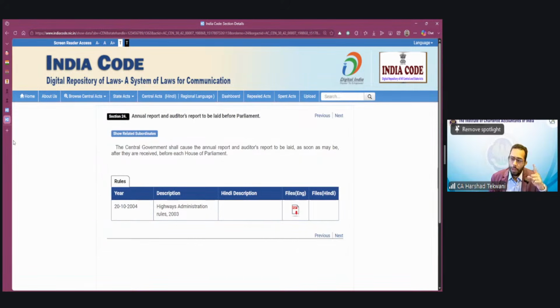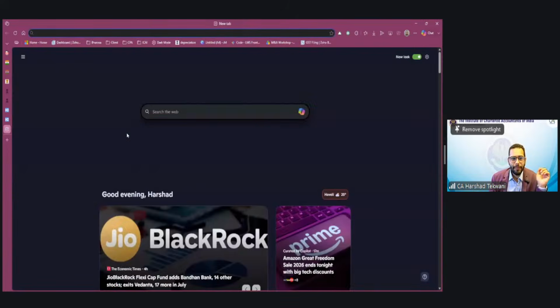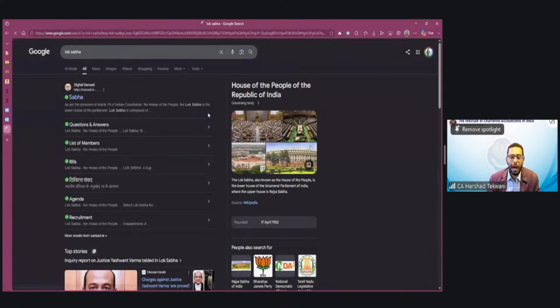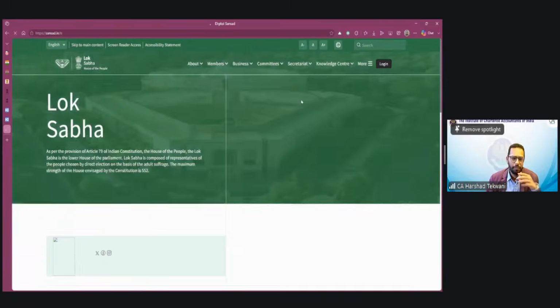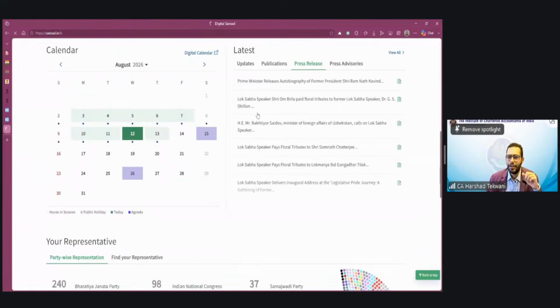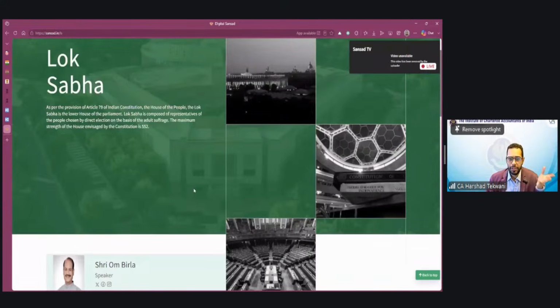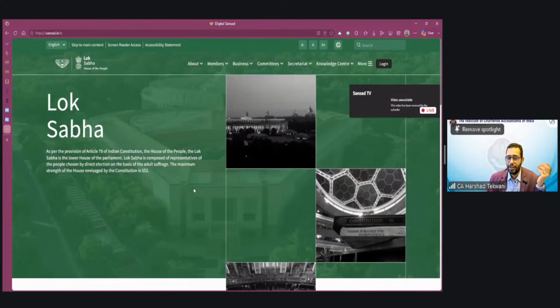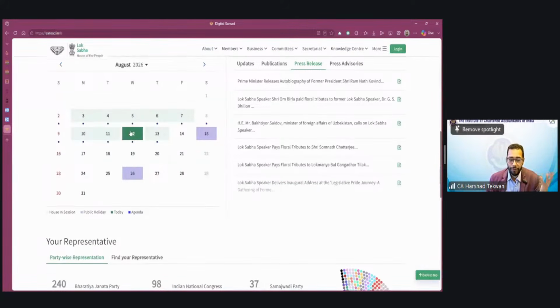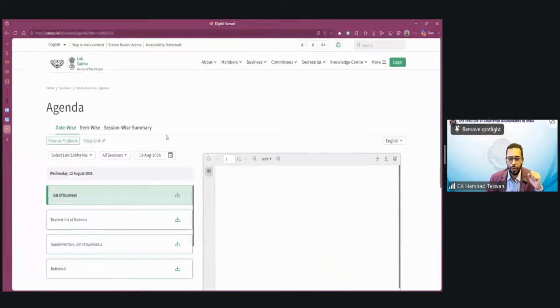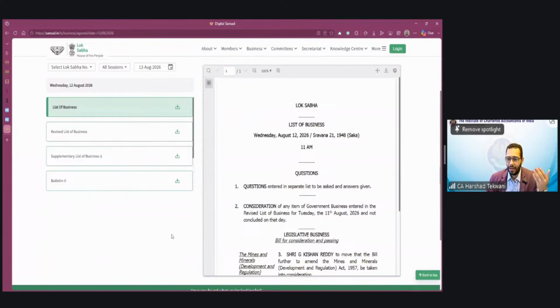Now, a fun fact, most of you might not have gone through this much detail. Let me show you how these reports are presented, just for the purpose of understanding intended users. This is the official website of the House of Parliament, the Lok Sabha. Now, if I go to today's date, there was a session of Parliament.